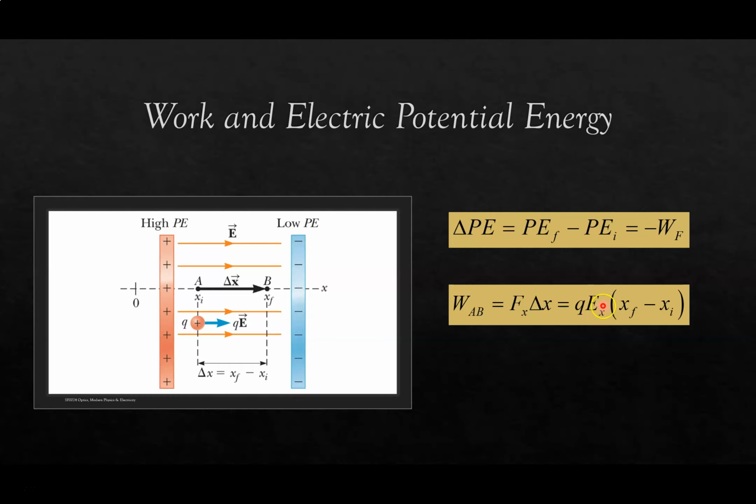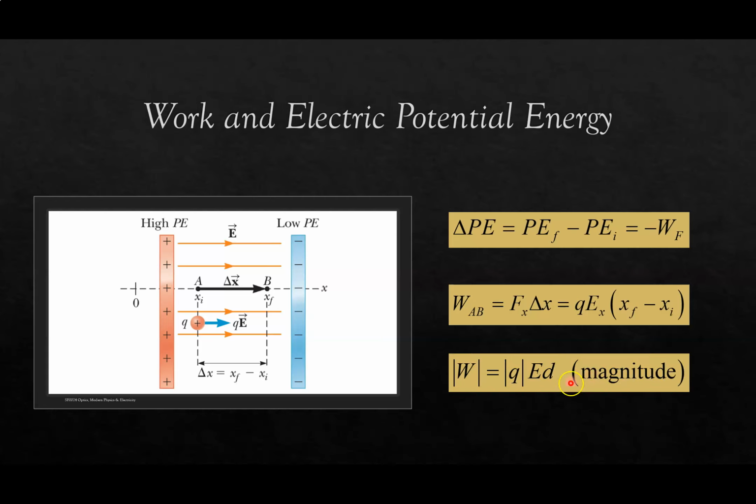So Ex can be positive or negative depending on the direction of E. Notice here, in this figure, Ex is positive. So the displacement can also be either positive or negative.